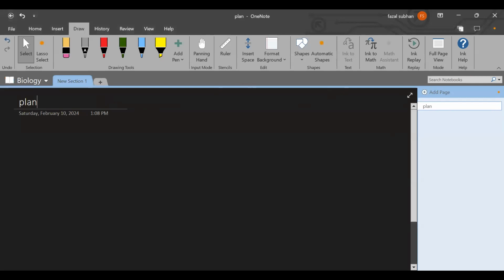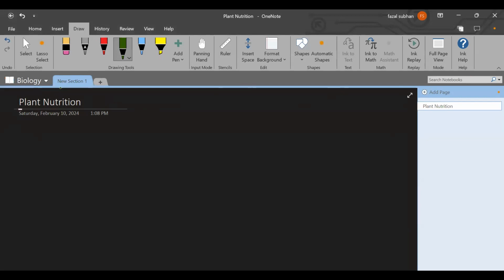So we are going to read plant nutrition also. And today the things which we will cover are that we will discuss what is photosynthesis.